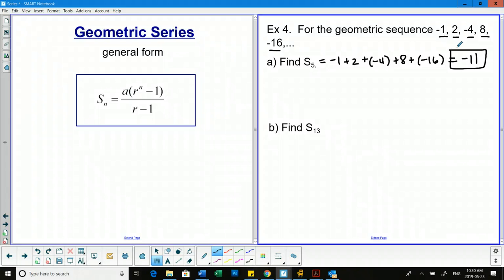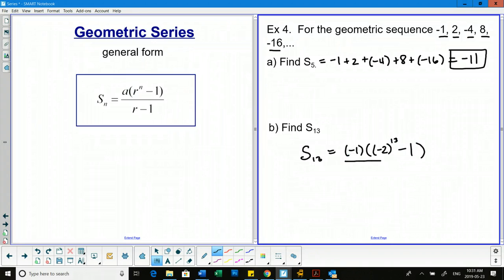Okay, S13, I probably could write out the 13 terms and just add them together, but let's just practice using our formula here. A is negative 1, that's our first term. What's the multiple? What's the constant multiple? Negative 2, yep. We're multiplying by negative 2 to get future terms here.